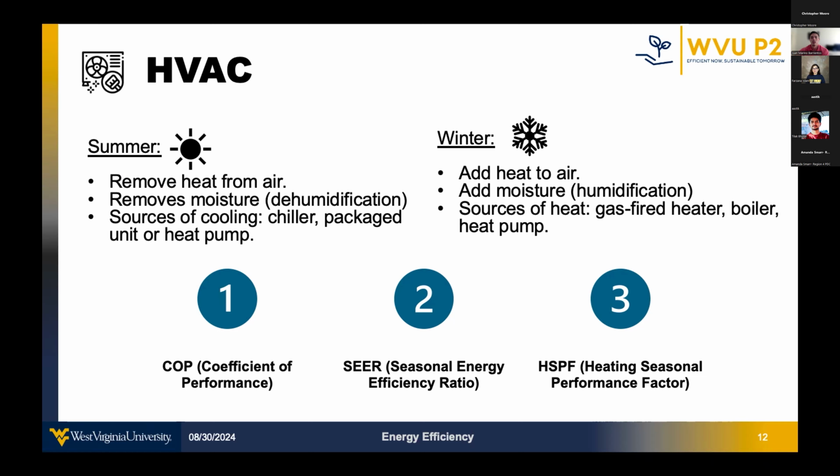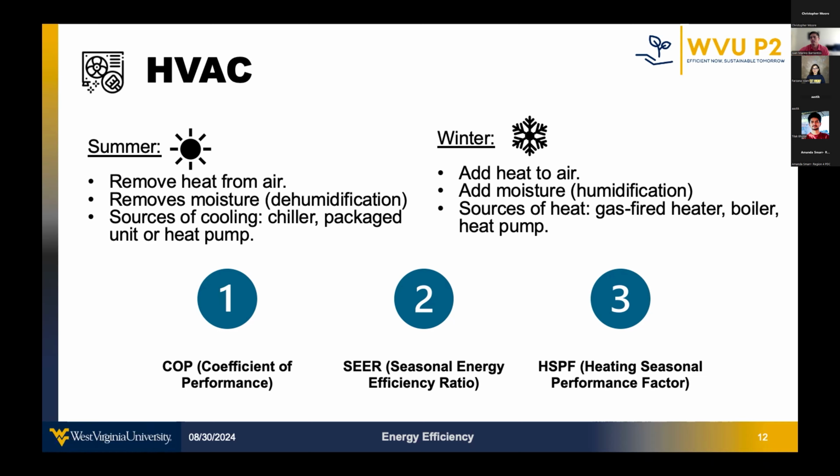It's important to mention that COP is not constant, but rather depends on the outdoor conditions. So as temperature changes, COP is also going to change. The second key metric is called the SEER, which stands for Seasonal Energy Efficiency Ratio, and this can be found on your HVAC unit, usually on a yellow tag.